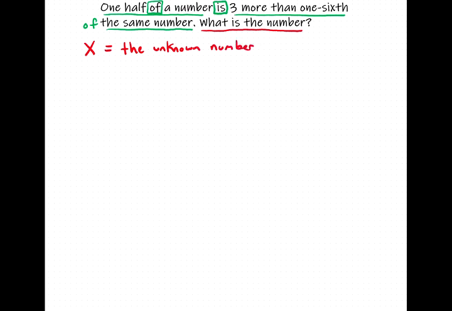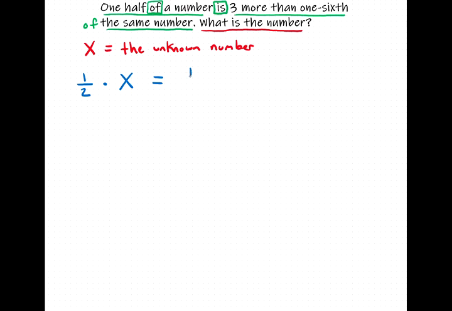Okay, so now we could translate the question, which is given in English, to the language of math. So 1/2 of a number. Well, 1/2, that's the number 1/2. Of is multiplication. A number, well, that's what we're using the symbol X for. X is that number. So 1/2 of a number equals 3 more than 1/6 of the same number.